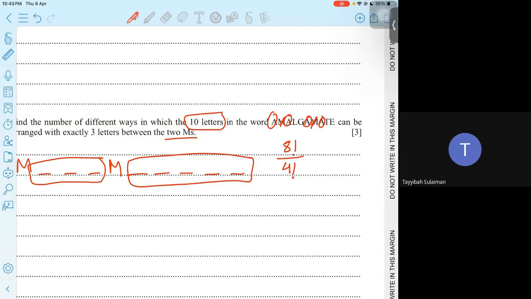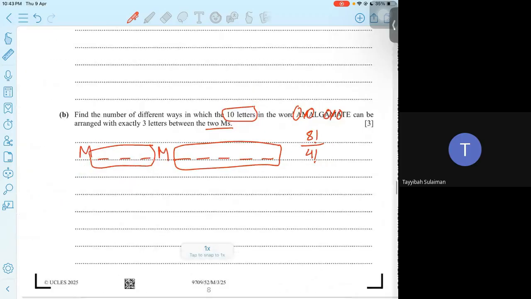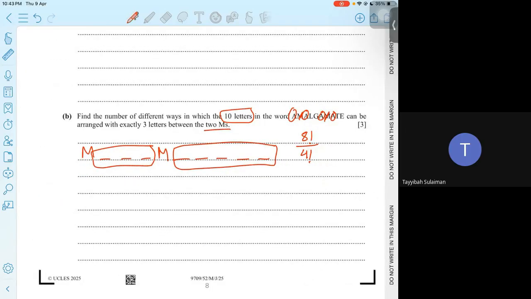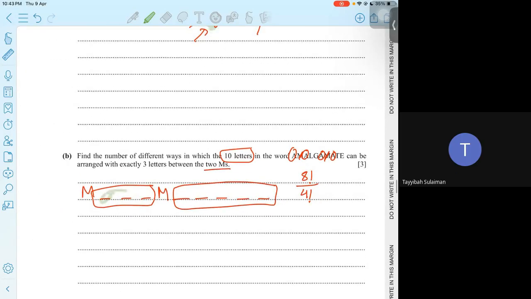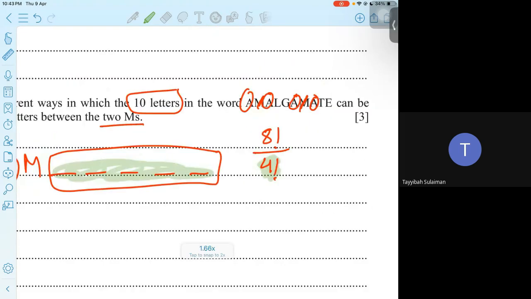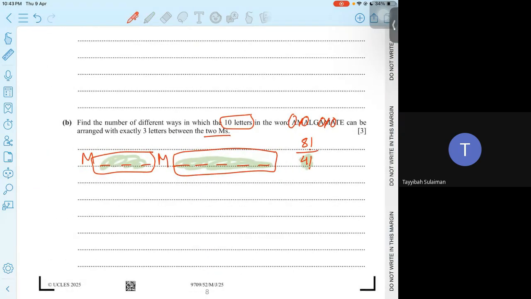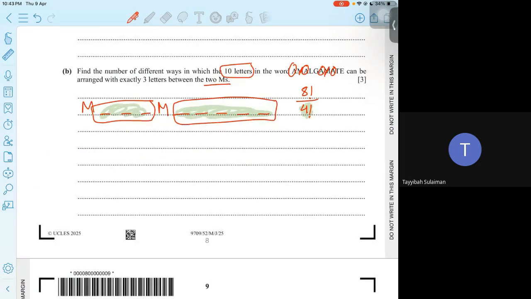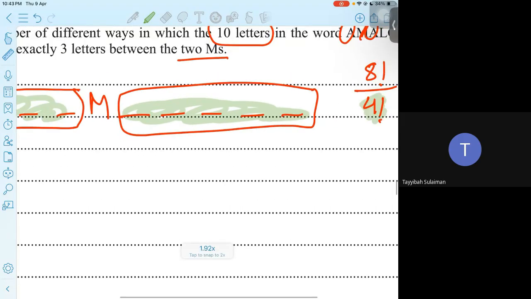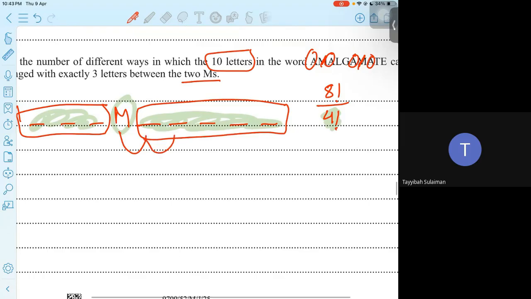No issue. Okay, so when I have 8 factorial divided by 4 factorial, what I'm basically doing is arranging all of these 8 spots by taking into consideration the 4 repeats of A's, right? So with that being said, now I have to see how many possible combinations I have like this. Like I counted the last time, I can take this M and shift it 5 times: 1, 2, 3, 4, 5.